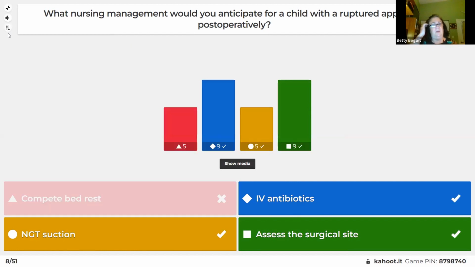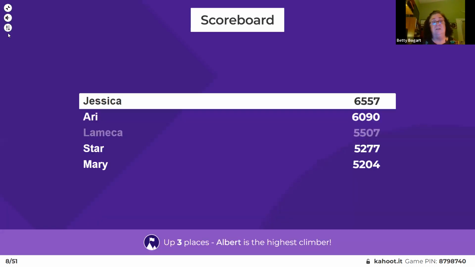So post-op, what are we going to do? Well, we don't want them on bed rest. We want them up and moving because we want those intestines to start moving again. That's how we do that. IV antibiotics, absolutely. NG tube suction to keep those bowels calm, let them rest. And then assess the surgical site, because who knows if the tissue that they joined was good tissue, because it could dehisce. Very good, remembering that one.